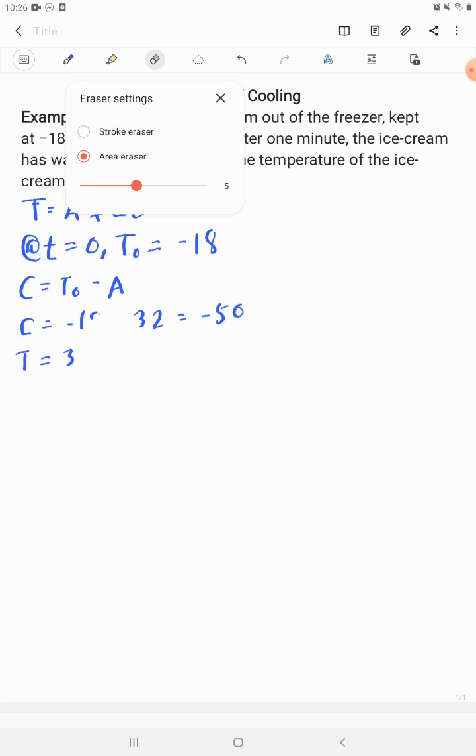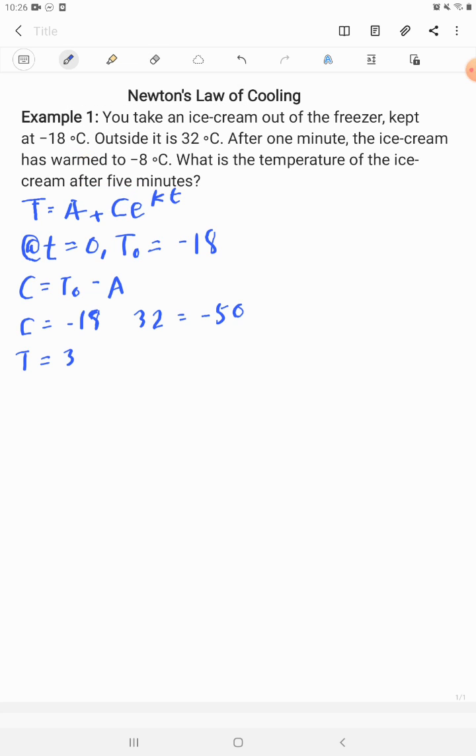Sorry, this is negative 18 minus 32, so that is negative 50. So T is equal to positive 32, the temperature of the surrounding A, then plus C e to the power of KT, but since C is equal to negative 50, we write minus 50 e to the power of KT.